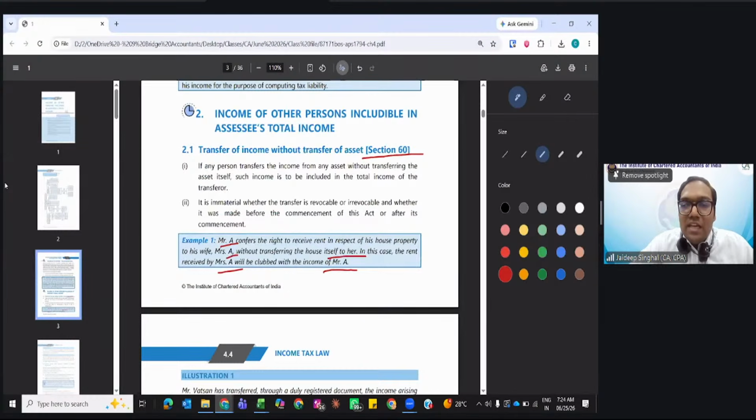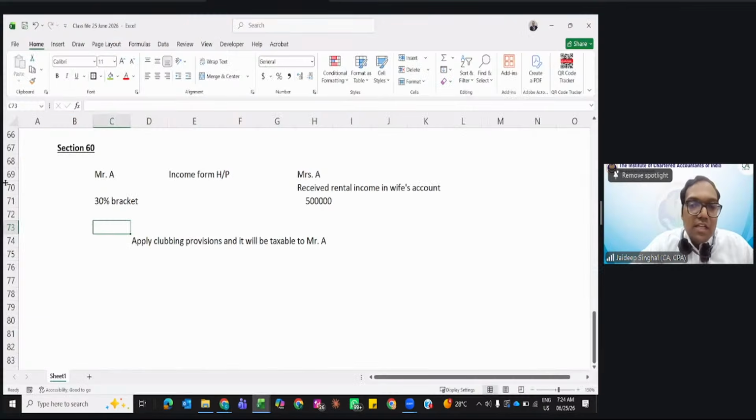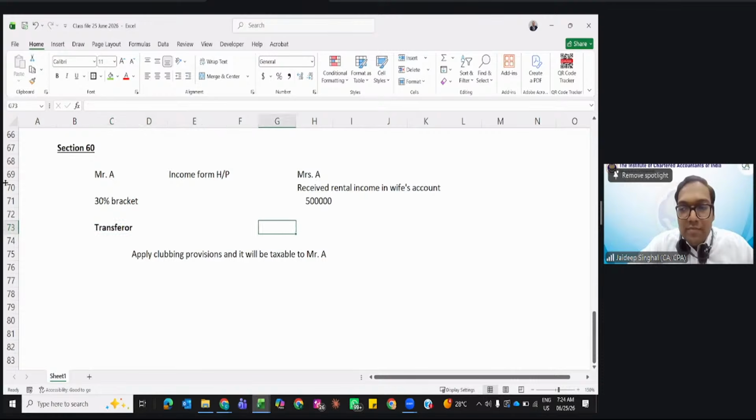Now Mr. A here is known as the transferor. He is transferring the income. He is the transferor and Mrs. A is the transferee, right?